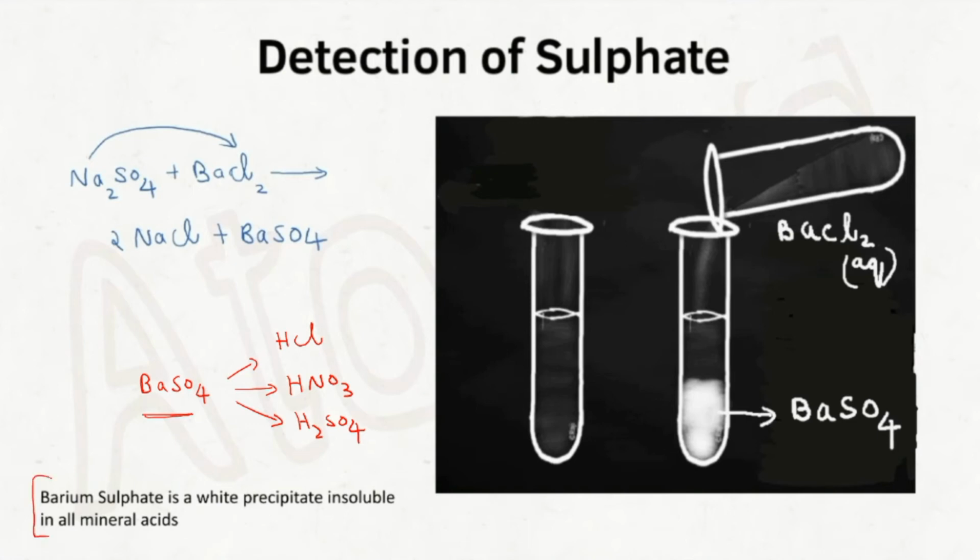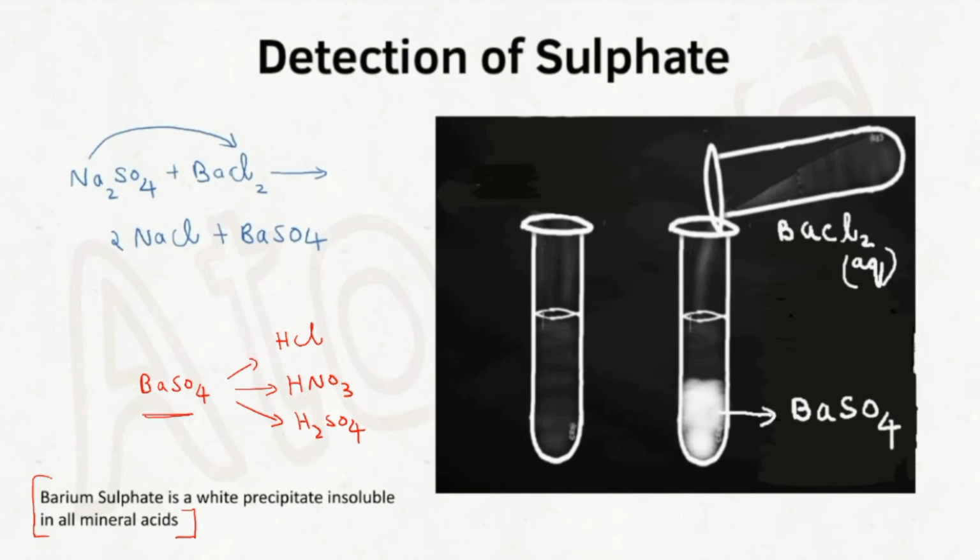Whenever, associated with a particular reaction, you are getting barium sulfate precipitate, they will ask you what will be the observation of the reaction. So what we need to do? You can say that a white precipitate that is insoluble in all mineral acids will be formed. You can write that. So that confirms that the precipitate obtained is barium sulfate.